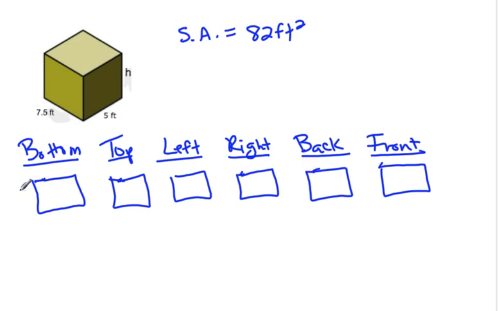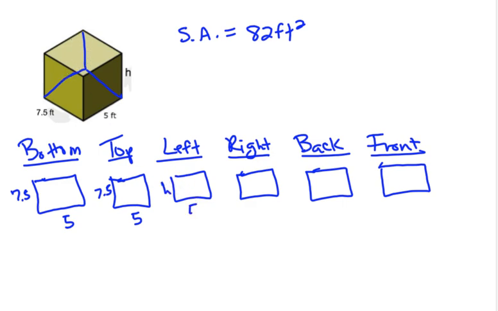All right, so now you're just going to fill in the dimensions. You have the bottom is 7.5 by 5. The top is the same. The left-hand side, if you were to continue this line back here, you'd have the left-hand side is 5 by h. So we don't know what h is.